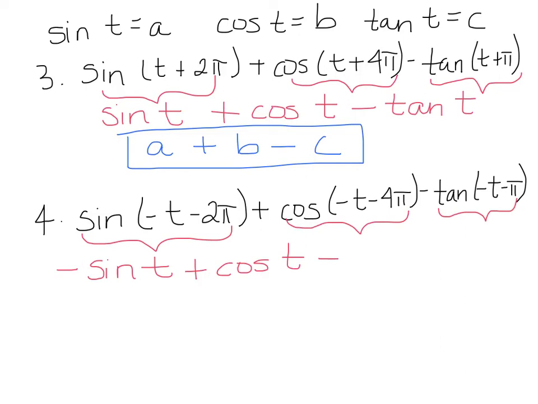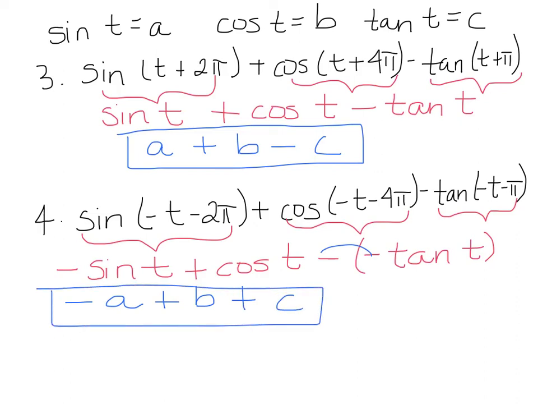So with tangent, if you go clockwise, it's going to change the value. All right, now I'm going to substitute. This will be negative a plus b, and these two negatives make a plus c. Okay, and then the last one.